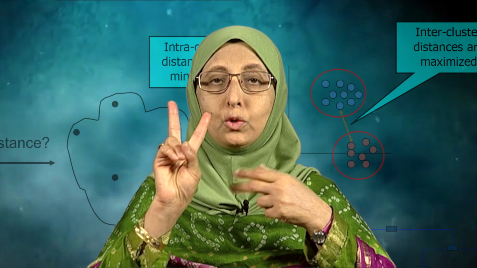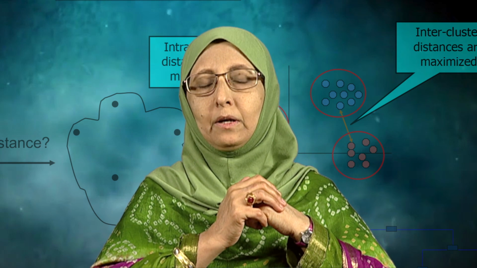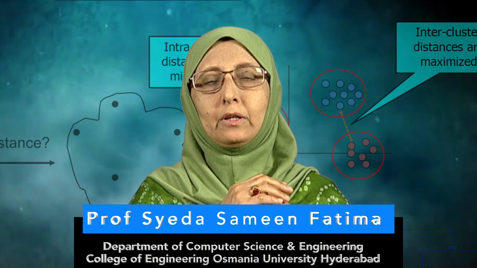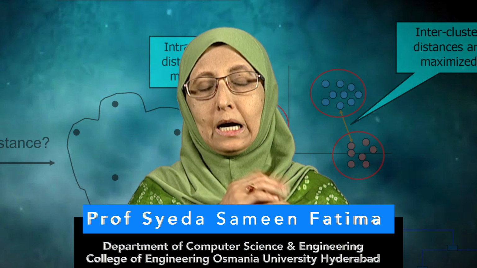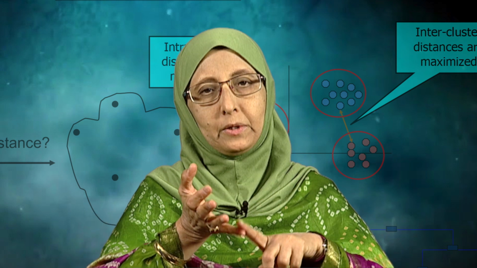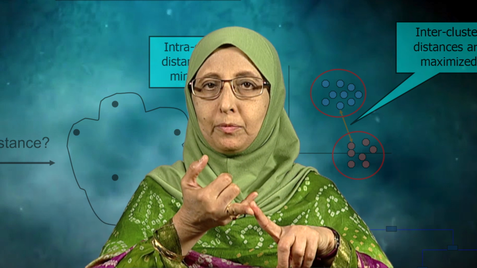Then we discussed two different algorithms, namely the hierarchical clustering algorithm and the partitional clustering algorithm. Under hierarchical clustering, we discussed two approaches, the agglomerative approach and the divisive approach.